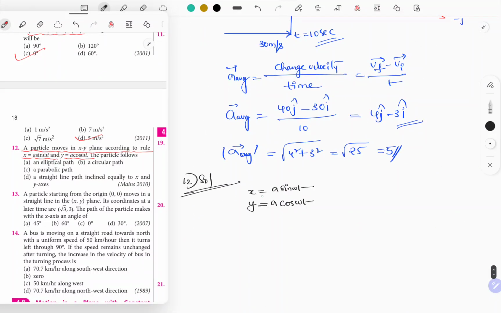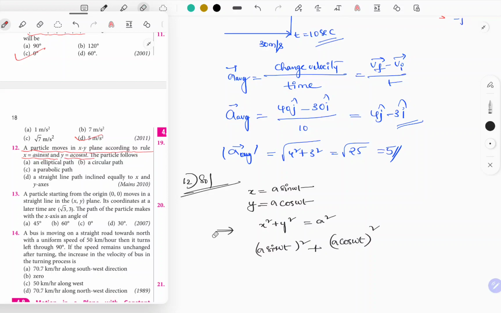Let us see. If you square both, x square and y square, you should equate it to a square. Then we can decide it is going to be a circular path. So let us see whether x square plus y square gives a square. x square is a sin omega t whole square, plus y square is a cos omega t whole square.